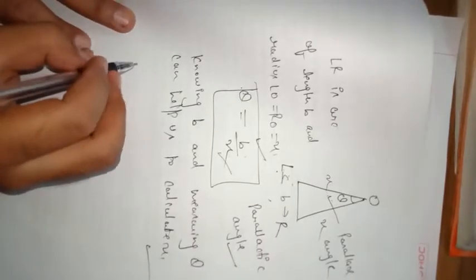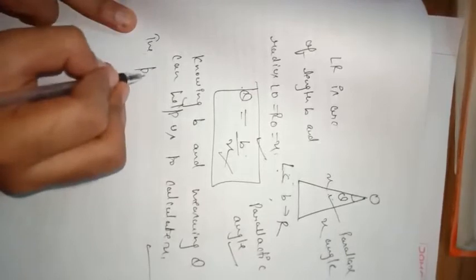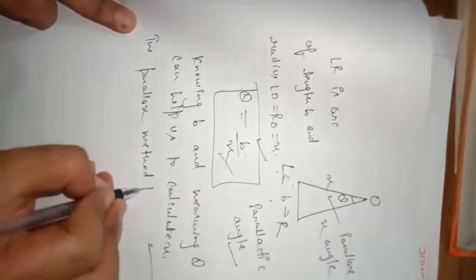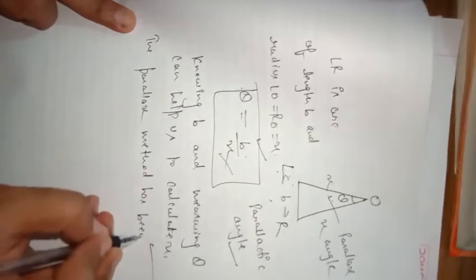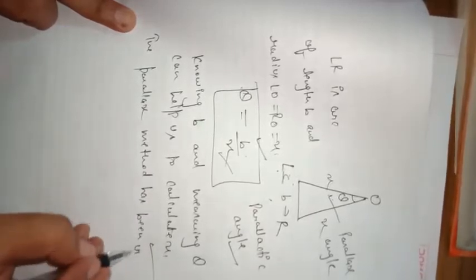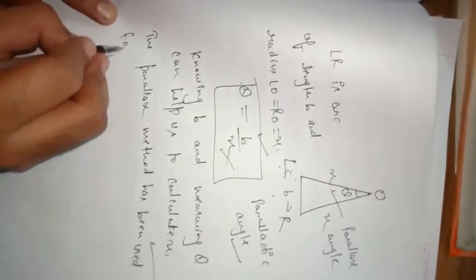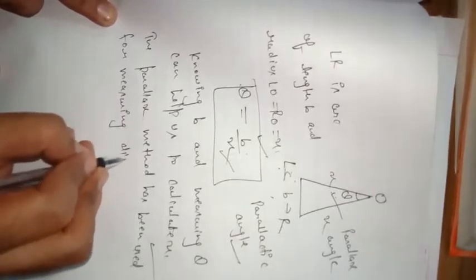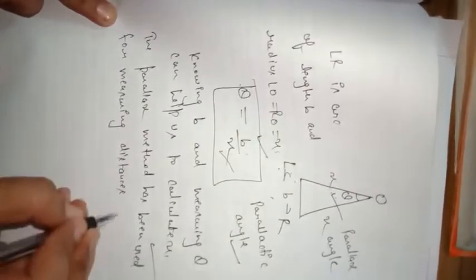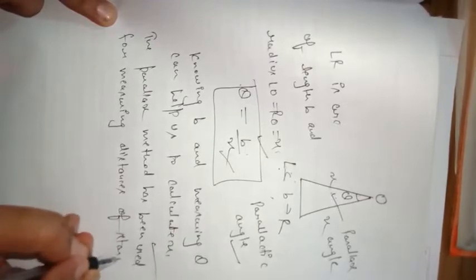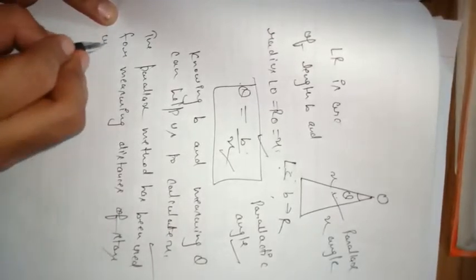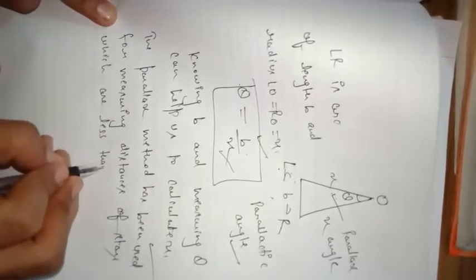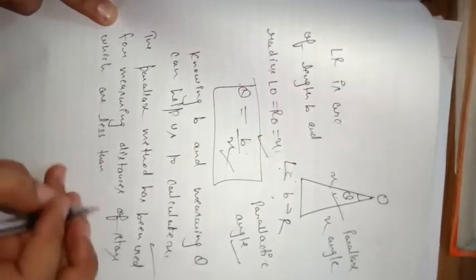The parallax method has been used for measuring distances of stars which are less than 100 light years away.